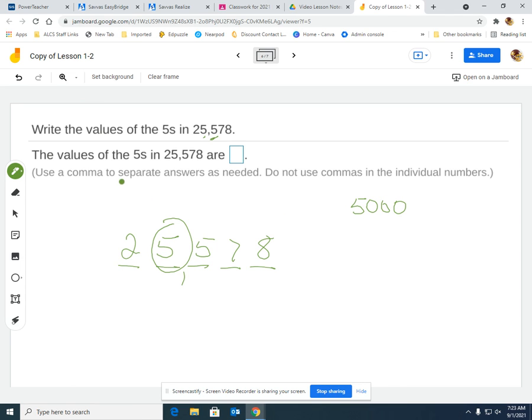Now, notice it says use a comma to separate the answers as needed. Do not put commas in the numbers. So I don't need a comma to separate that 5 and the 0. The value of this 5 is 500. So I would write 5,000, 500.